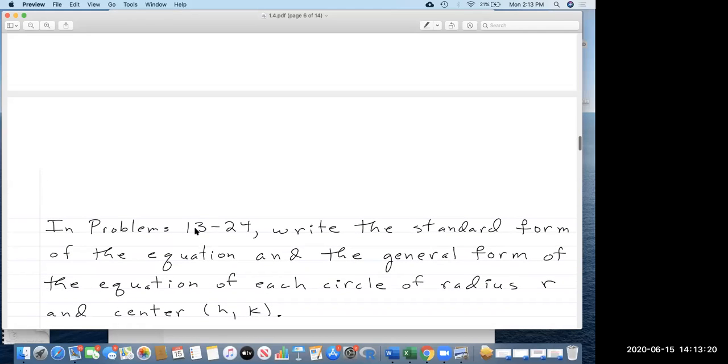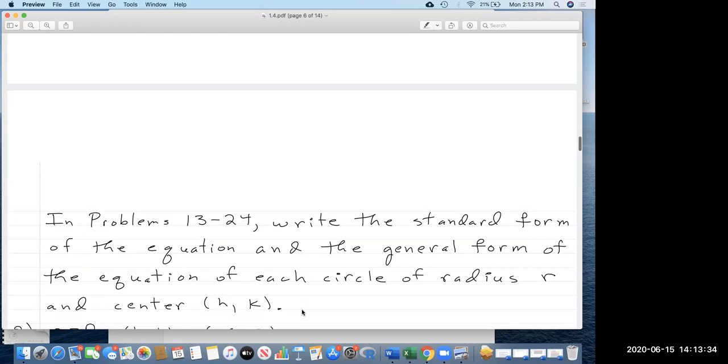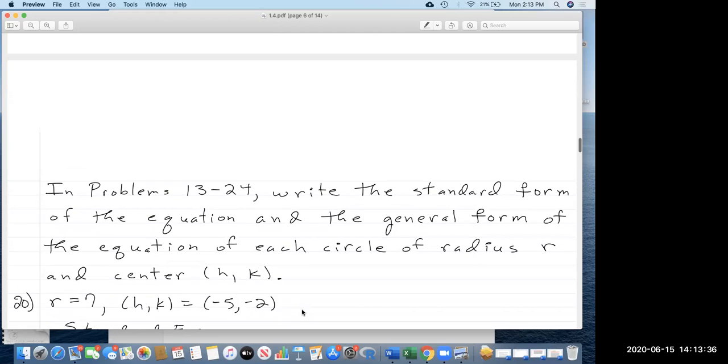In problems 13 through 24, write the standard form of the equation and the general form of the equation of each circle of radius r and center (h, k). They give us the radius is 7 and the center is at (-5, -2).